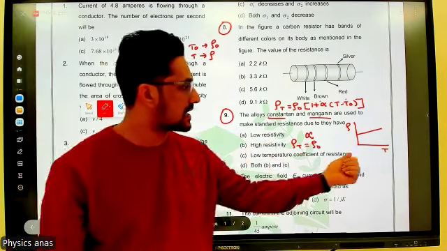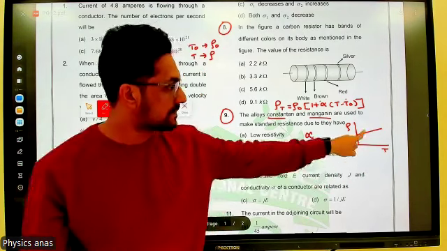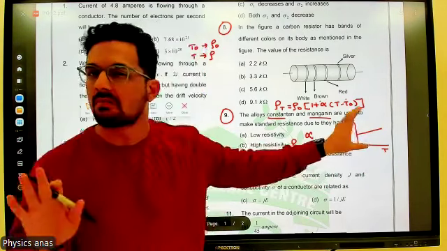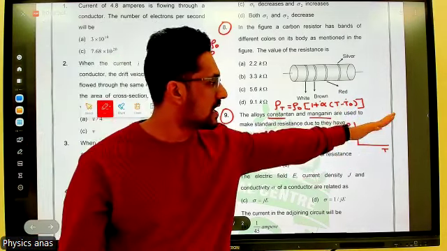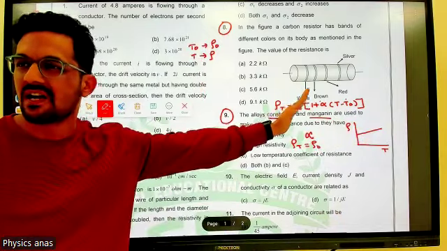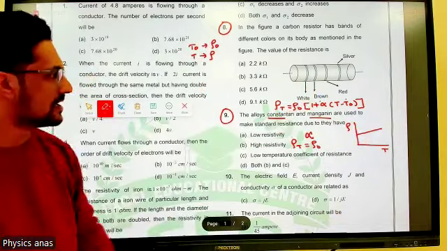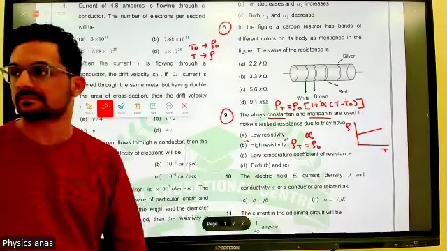The graph of alloys: resistivity versus temperature is almost a constant line, with a very small inclination. And they have high resistivity.